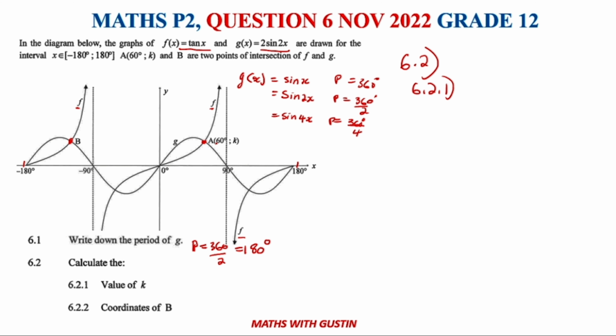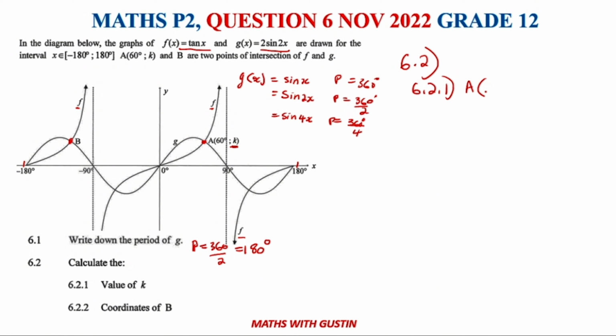The value of k is the y value of the point of intersection on the graph, so we can go to either of the two functions given, the tan or the sine, and determine the k value. I'm going to use tan because it's much easier.